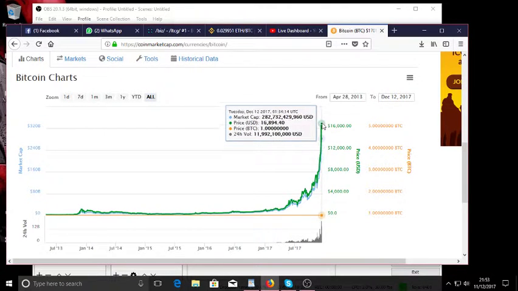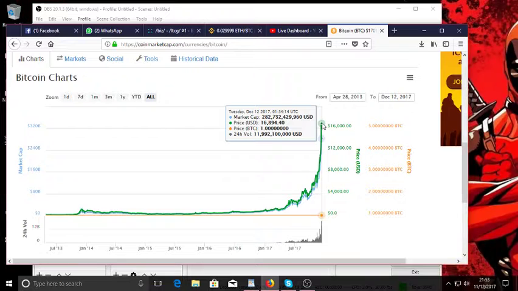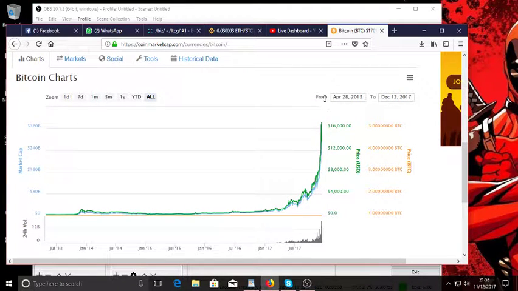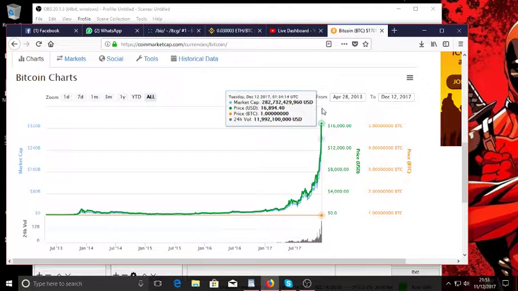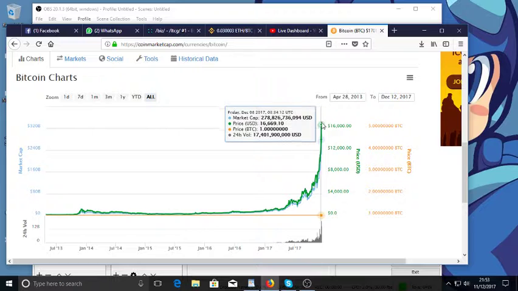People are really scared right now because of this kind of straight upward momentum that Bitcoin is having. And there's a saying that what goes up must come down. And that is true for Bitcoin as well. The question really just remains, at what price is this all going to come back down?